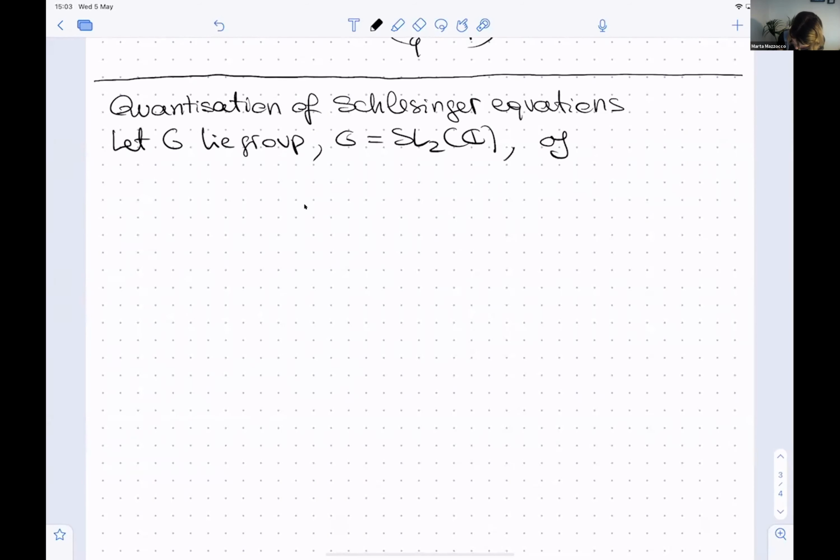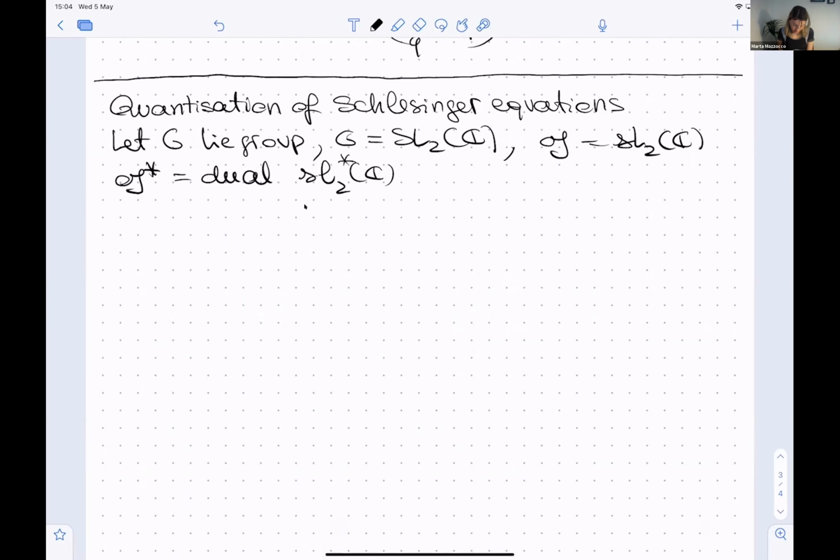I denote by G the algebra, and by G star the dual algebra. Okay, and the space of functions on the dual is endowed with a beautiful Poisson structure, which is called the Lie-Poisson bracket.